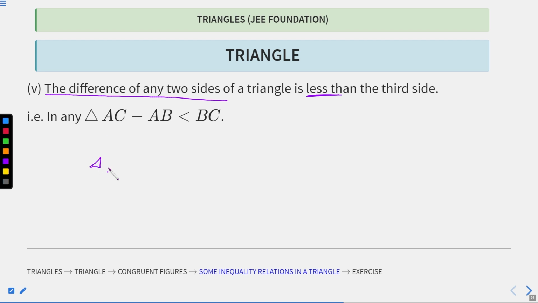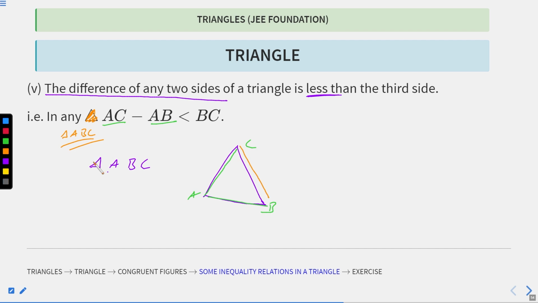So in triangle ABC, if you subtract two sides, for example AC minus AB, then this must be less than the remaining side, which is BC. I hope this is all clear.